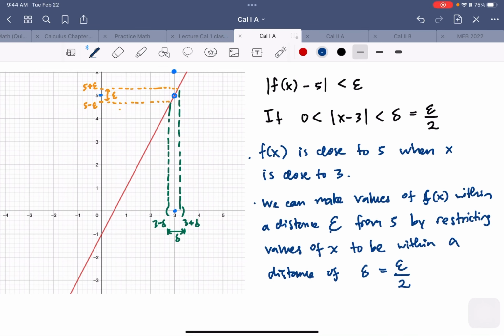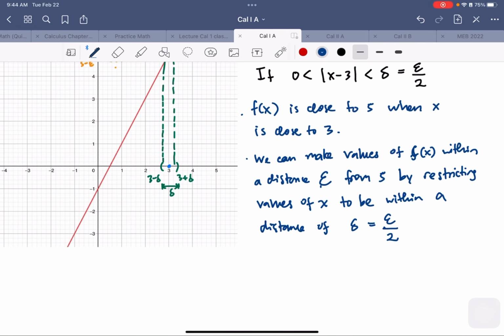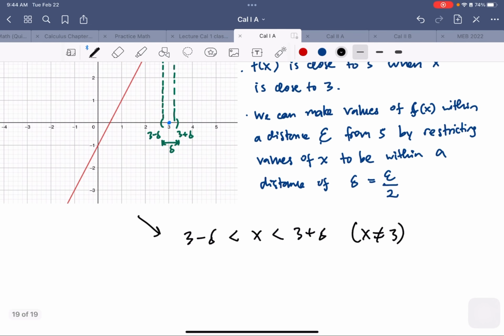It's delta equals epsilon over 2. And we can write these terms as follows: 3 minus delta less than x less than 3 plus delta, where x is not equal to 3. And then we can write 5 minus epsilon is less than f of x, less than 5 plus epsilon.